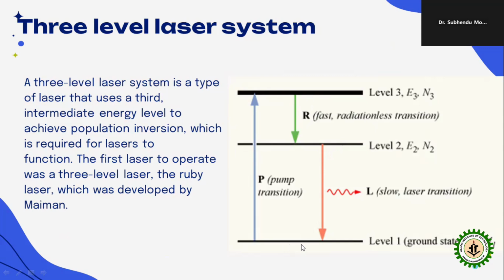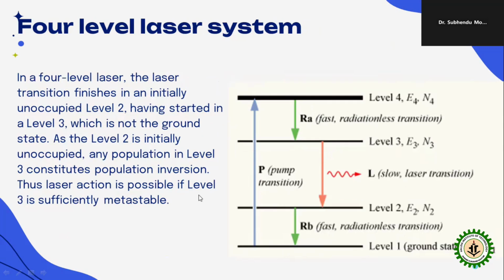In the case of a 4-level system, the laser transition finishes in an initially unoccupied level 2, having started in level 3.